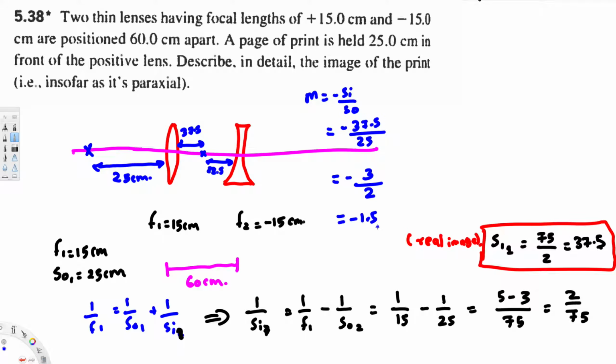Since we are getting a negative answer, this image is inverted. So this image is going to look like this, pointing down.